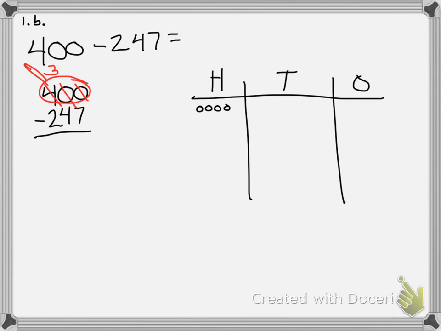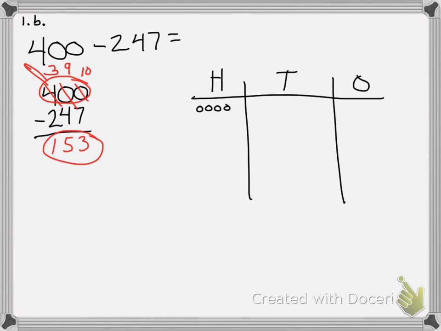And once again, I have to get something way over into that ones place. I'm going to put 9 of the tens right here, and then I have one of them way over here. So I end up with 10 minus 7, which is 3. 9 minus 4, which is 5. And 3 minus 2, which is 1. So I end up with 153.